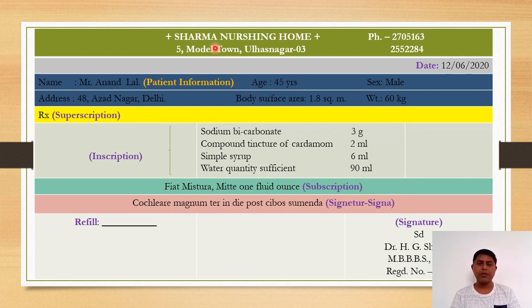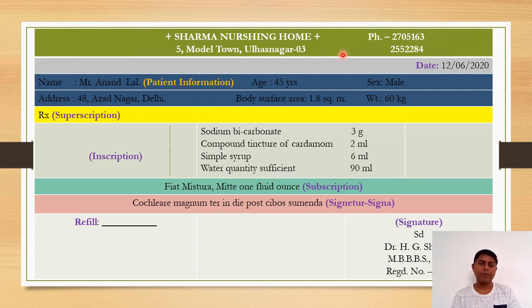As we just now saw, there are different parts of a prescription. Usually a prescription first contains the name of the hospital, dispensary, nursing home, etc., with address and phone number.